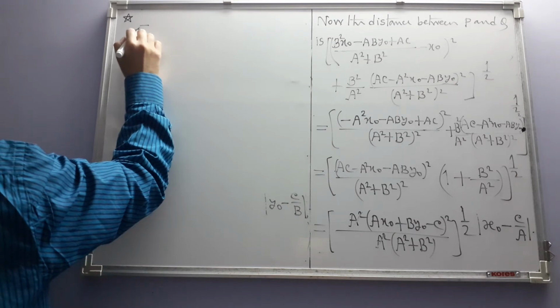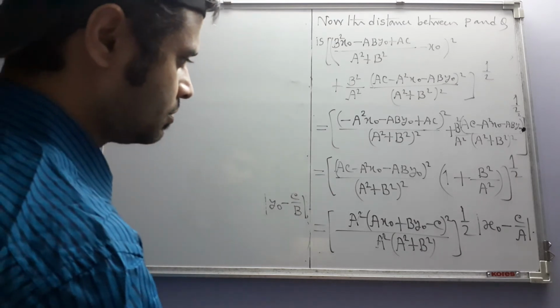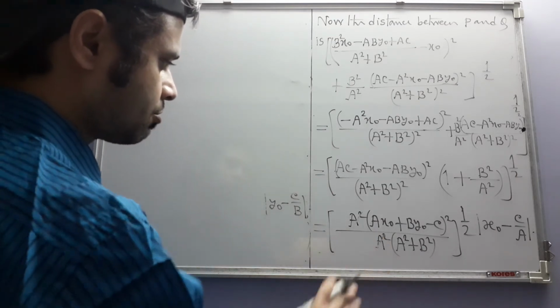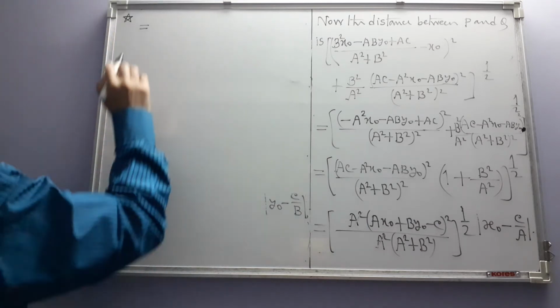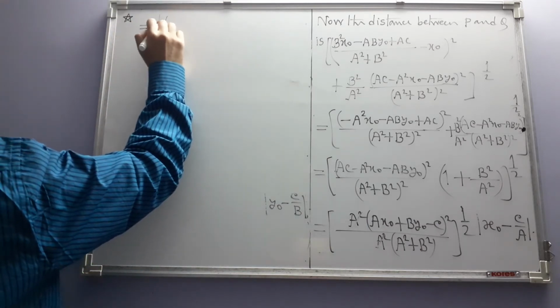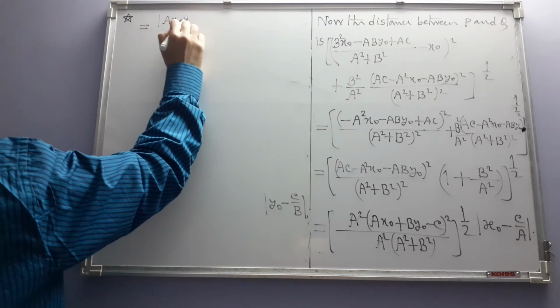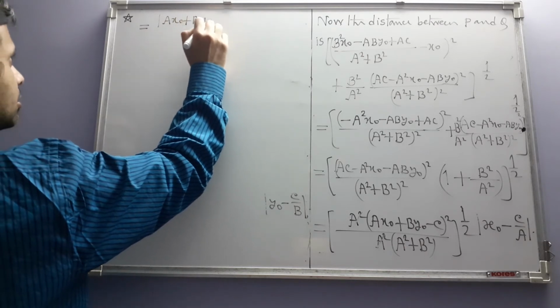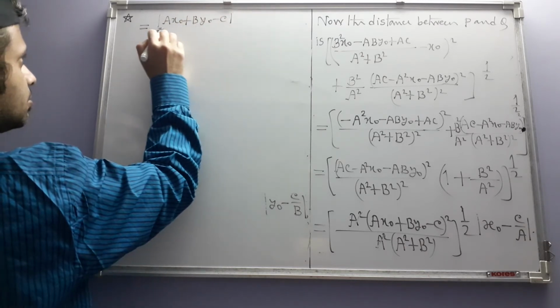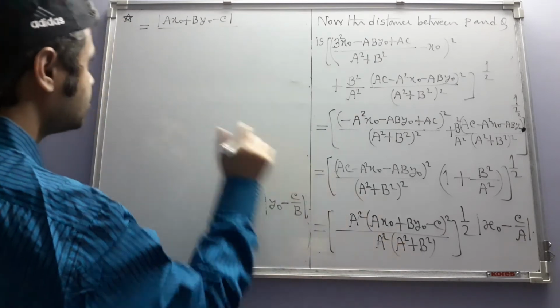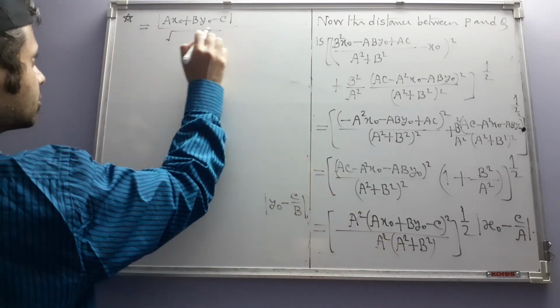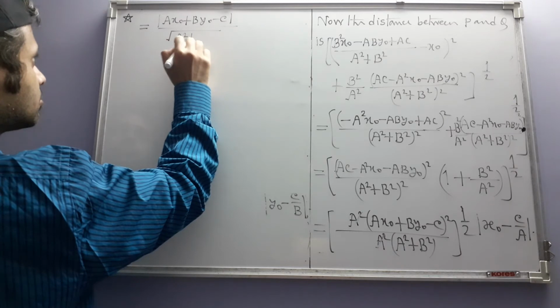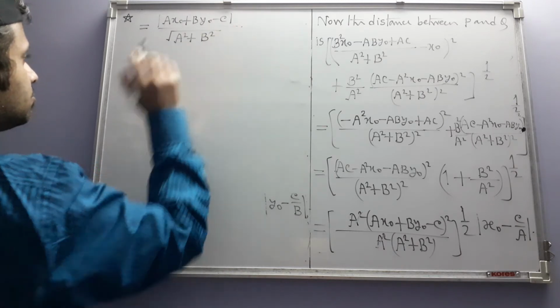This is equal to, now if we take square roots separately, we have ax naught plus by naught minus c divided by square root of a square plus b square.